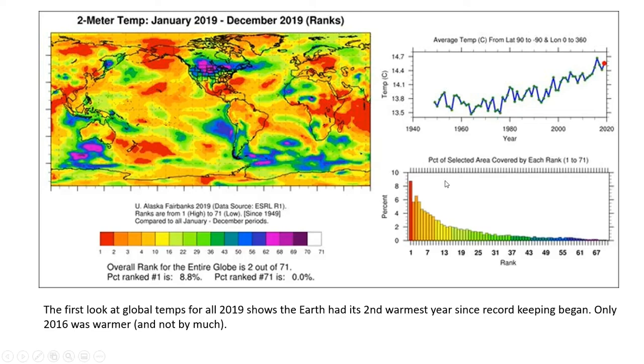Now, the percent of the selected area covered by each rank. So here's this first thing, 8.8%. If you look at the second rank, it looks like about 5.8 or so. Then for the third, it looks like about 6.4 or so.